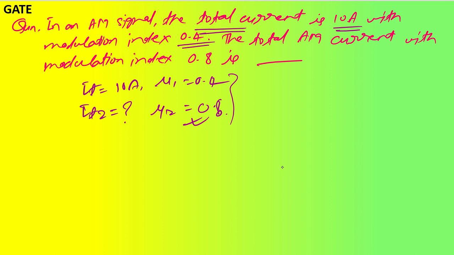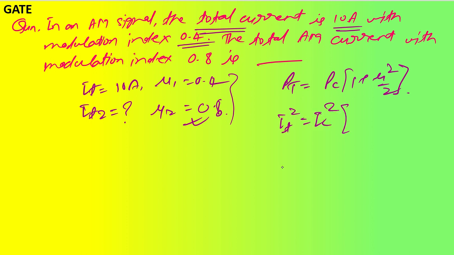So what do we need? The relation: the total power PT was PC into 1 plus mu square by 2, and from here we found the relation with current. IT square was IC square into 1 plus mu square by 2, right? If we have the carrier current IC, then we will be able to find my total current. So we have mu and we have the total current, so we can identify IC.